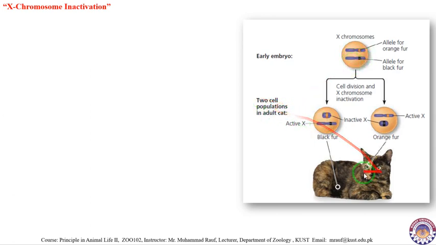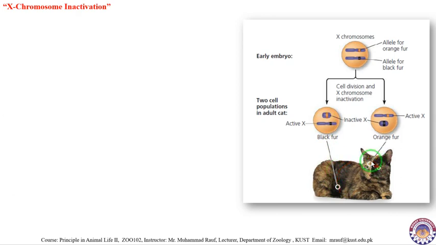Then you can see here a mature cat where there are cells in which the chromosome for orange fur is inactivated, and there are cells in which the chromosome for black fur is inactivated. So you can see here, in the cells present in that area, the allele for orange fur is inactivated, and here you can see black color.